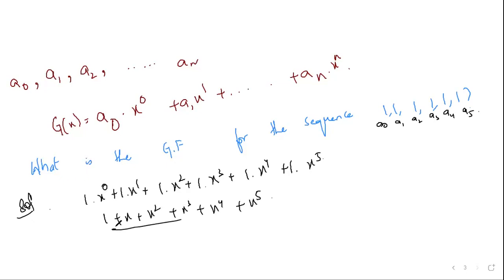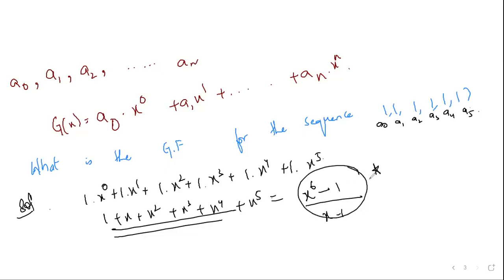And this can actually be shortened as x power 6 minus 1 by x minus 1. This we will see later as a formula. So this is the solution for our problem.